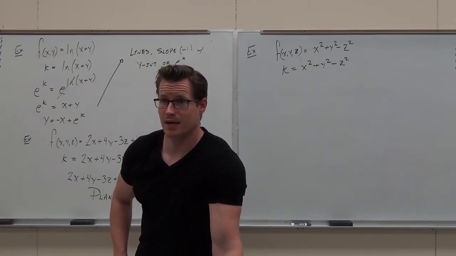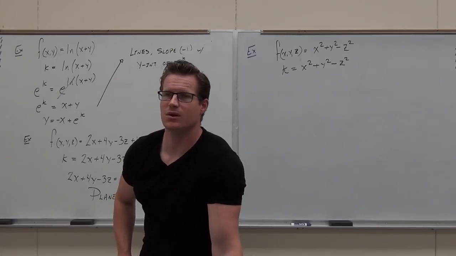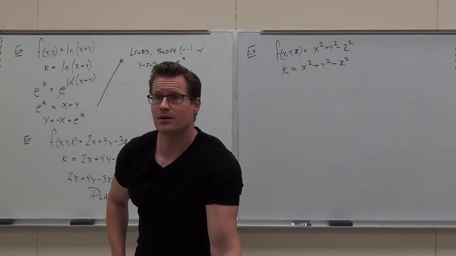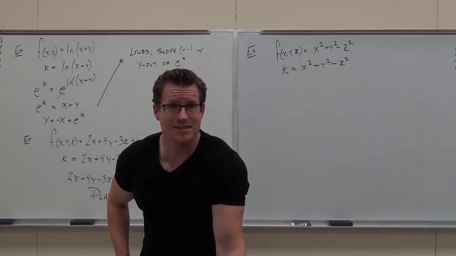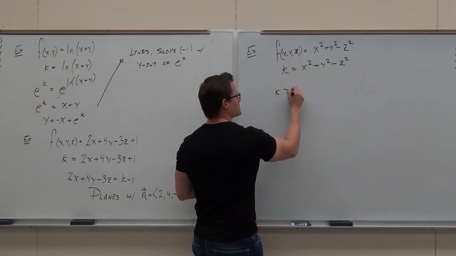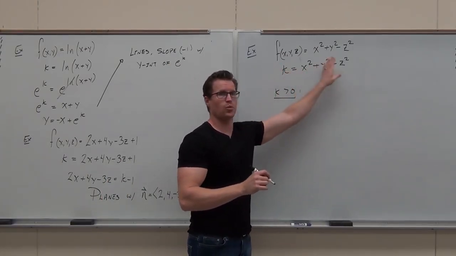One sheet. If k is 1, you got one sheet hyperboloid. Yes? What if k is 0? You got a cone. What if k is negative? 2 sheet. You guys are great at this. That's fantastic. That's exactly right. So there's 3 cases. If k is positive, you'd have like 1, right? That's all squares, 1 negative.